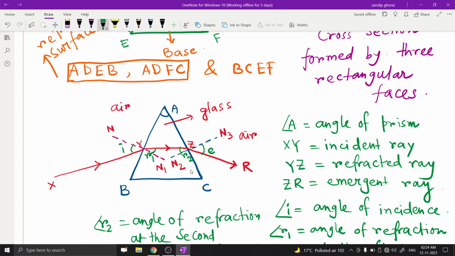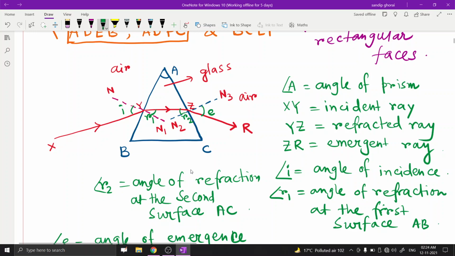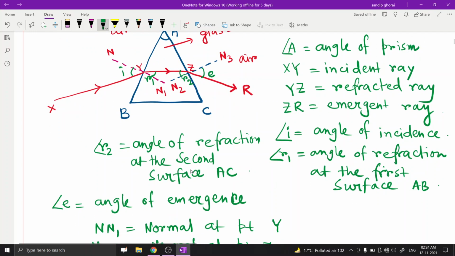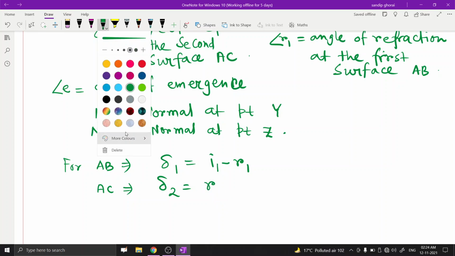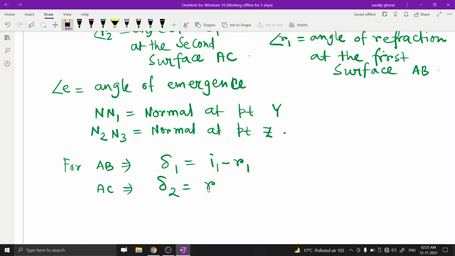For the AB surface, we can say the deviation angle delta 1 is equal to I minus R1, and for the AC surface, the deviation delta 2 is equal to E minus R2.